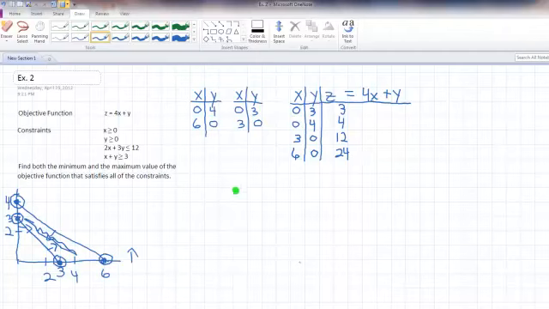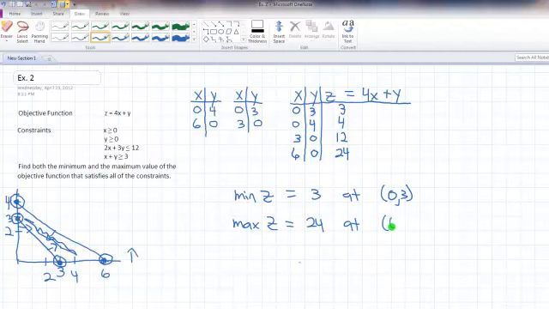So this time, the minimum z is 3, and it happens at the point 0, 3. And the maximum z is 24, and it happens at the point 6, 0. That is it for this one.